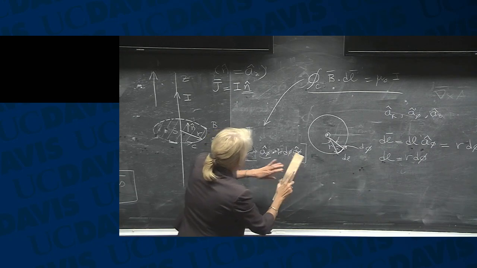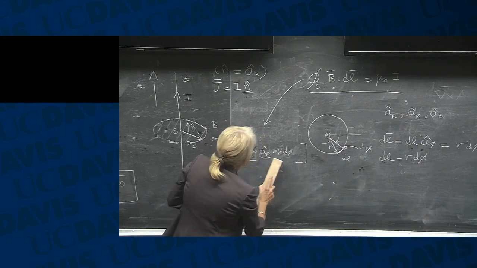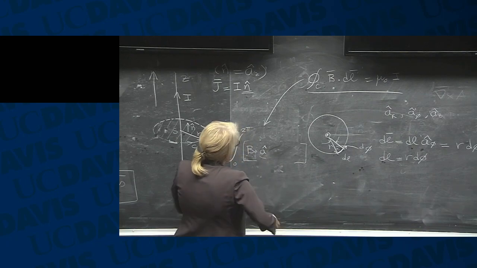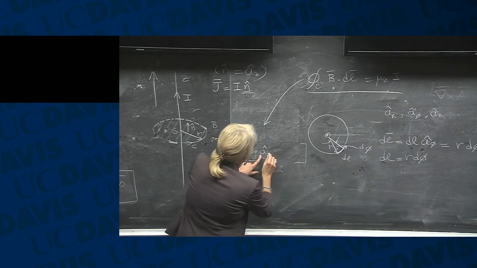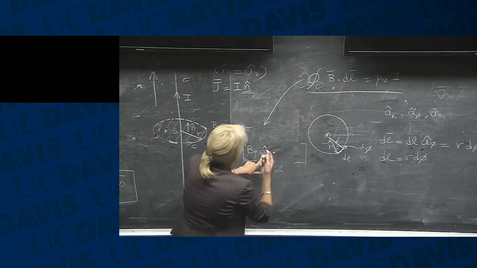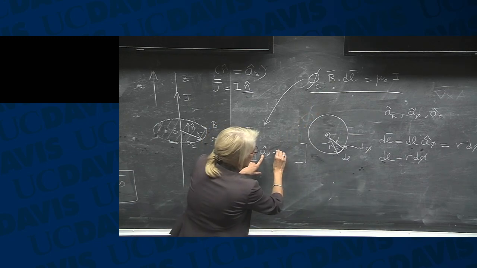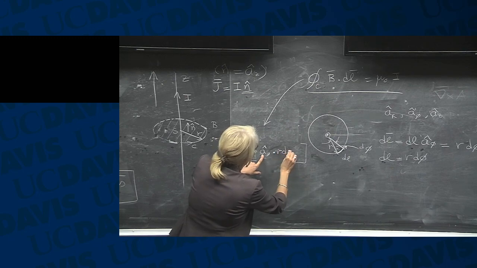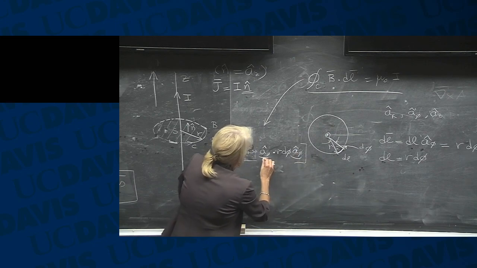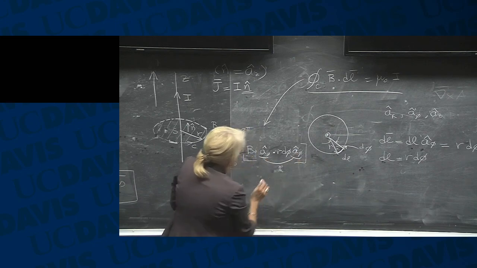so you see that clearly? Let me write it clearly so you can see it. Only this component of B exists in this inner product. So it's going to be r d phi a sub phi. This one and this one, inner product, gives 1.